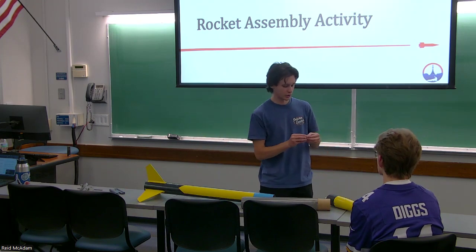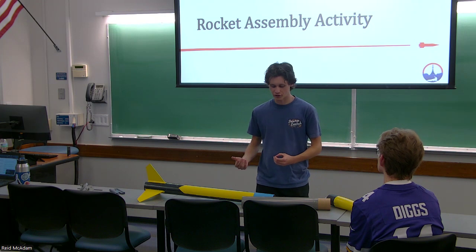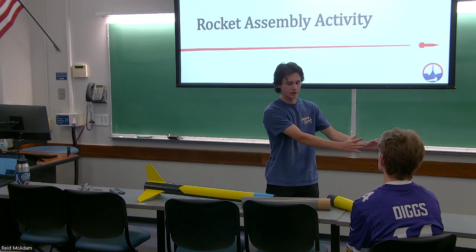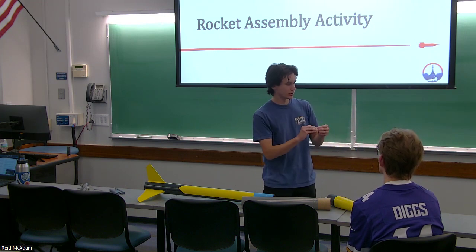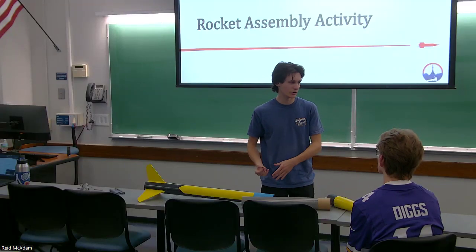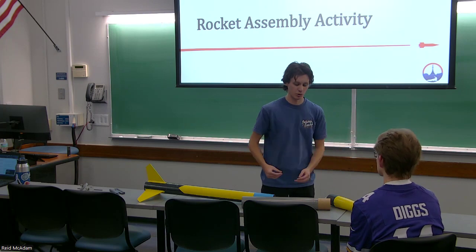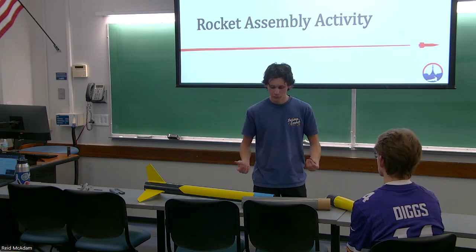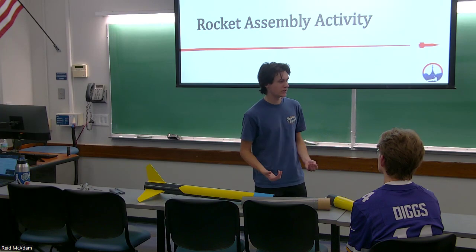When the explosion goes off, the force of the explosion pushing the rocket body out puts a bunch of shear on this pin and it breaks it, and then there's nothing stopping the rocket body from coming out. So we don't want to stop the rocket body from coming out anymore.